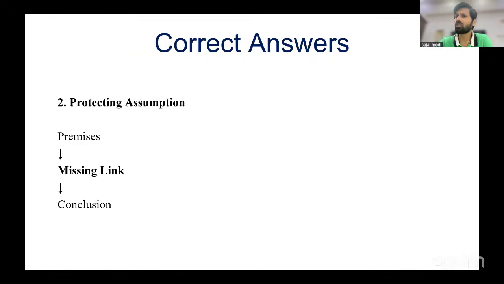So yeah, they may not start off as very attractive options, but why they are correct is, they're actually protecting the author's position, right? How? By killing off an alternative explanation, maybe. For example, the author thinks A causes B, or A is the explanation for something happening, B, right?